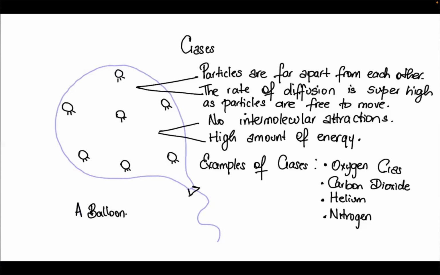They're spread out through the container, so they won't take the shape of the container, but they just spread out through it, no matter what volume or shape the container has. What are some examples of gases? You might ask. Oxygen gas, carbon dioxide gas, helium, nitrogen, you name it.